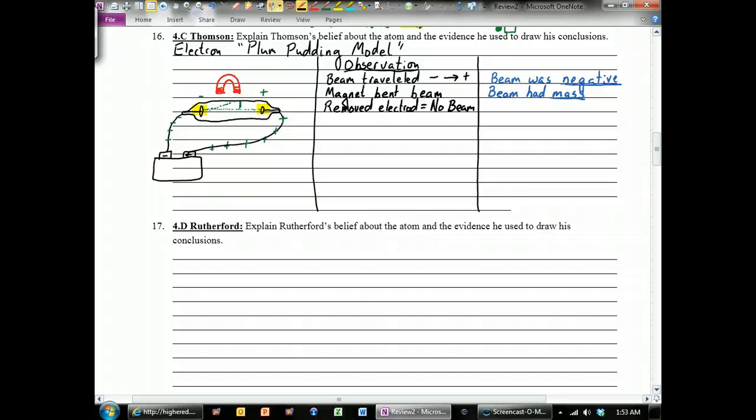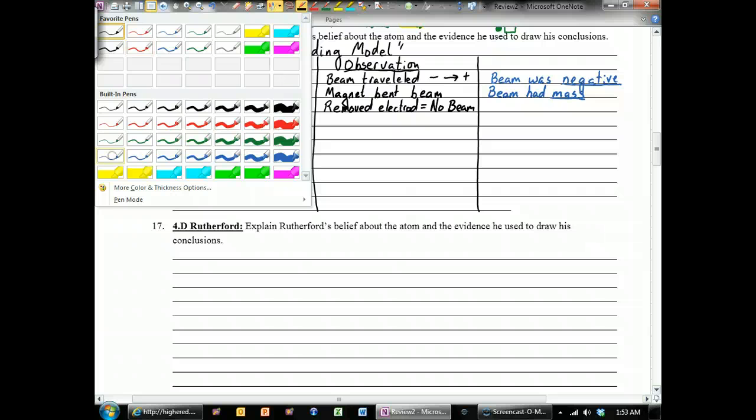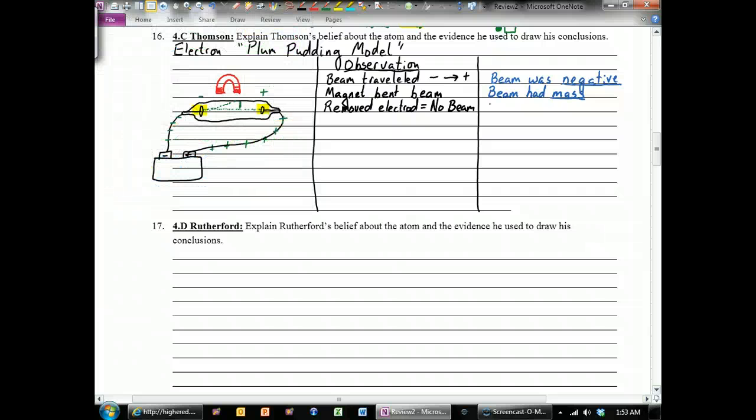From that observation, you can conclude that the beam came from the electrode. The beam was made out of a negative particle with mass, and it came from the electrode. And the electrode was just a piece of metal.